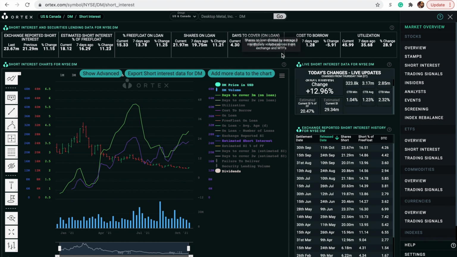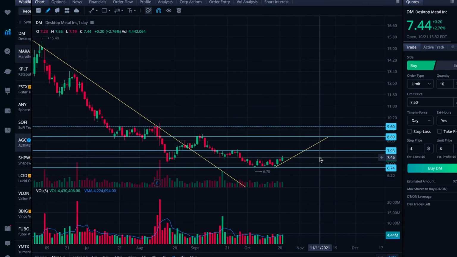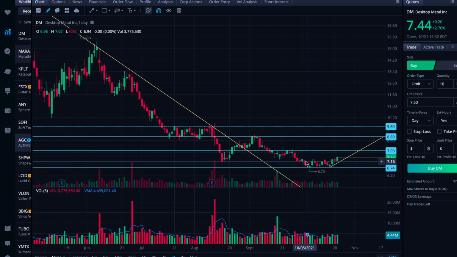So if we see the cost to borrow continue to climb while the utilization climbs, that would then be rising as well. The downside to that, obviously, is there will be a lot of perceived selling pressure on the public facing market. And so it could appear as though the stock is dropping further and further, which is probably pretty tough for people.